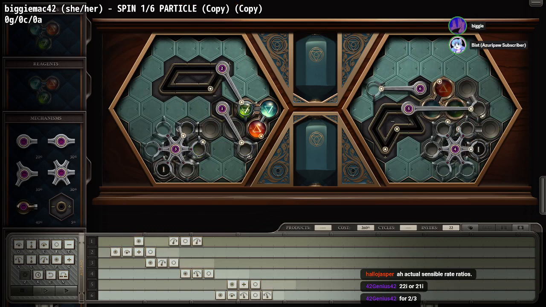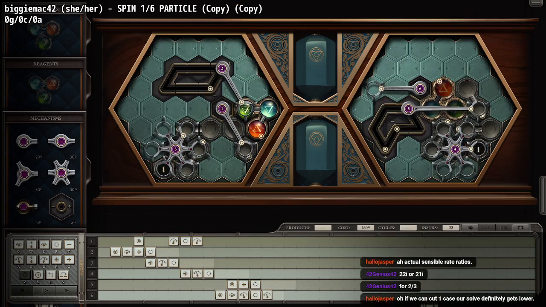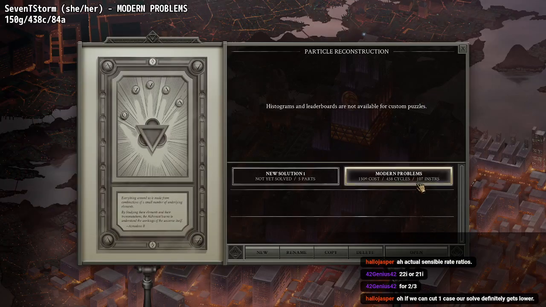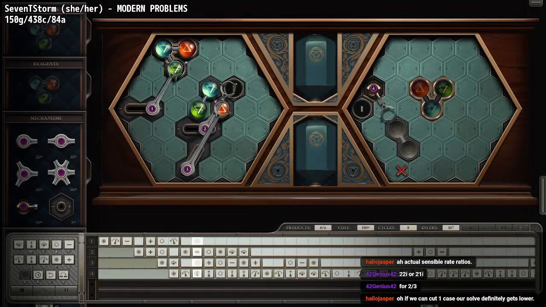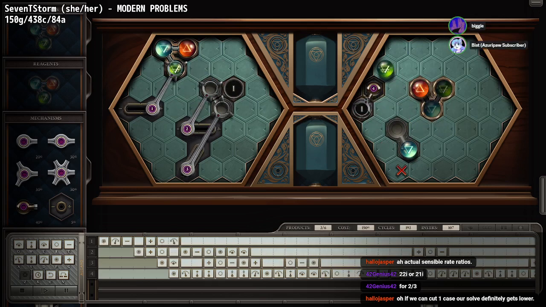Next up is another solve by 7T Storm, saying modern problems. I wonder what this solve is supposed to show. I think she said something in her notes of the submission.